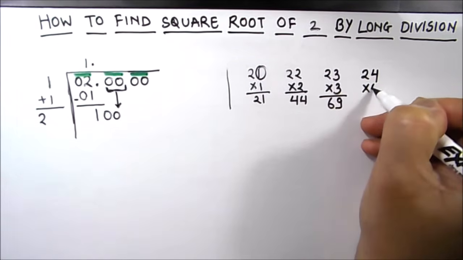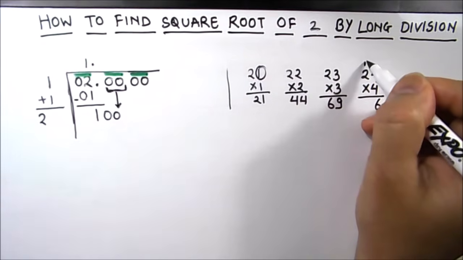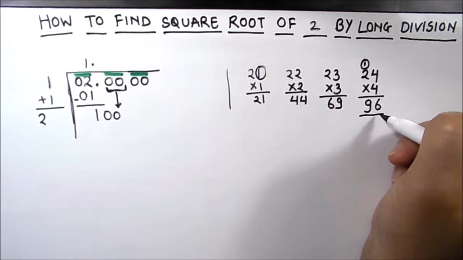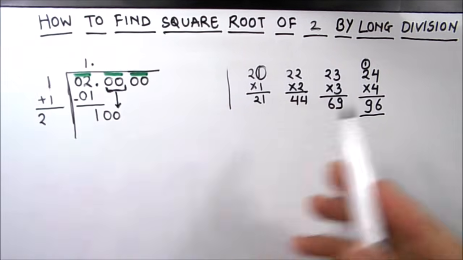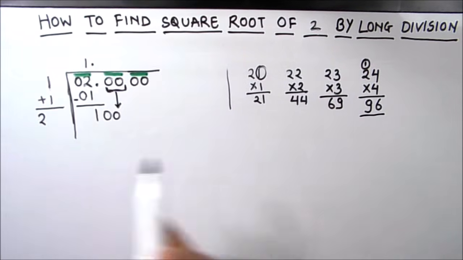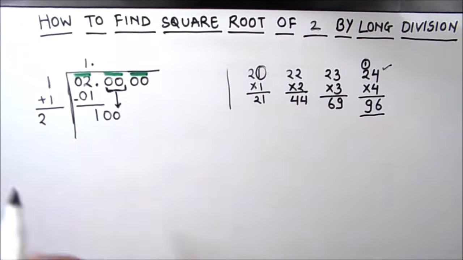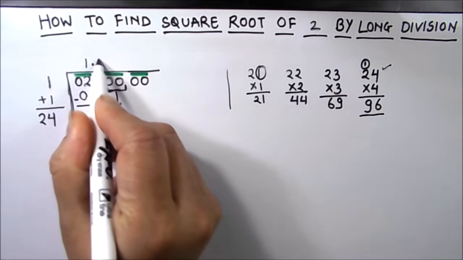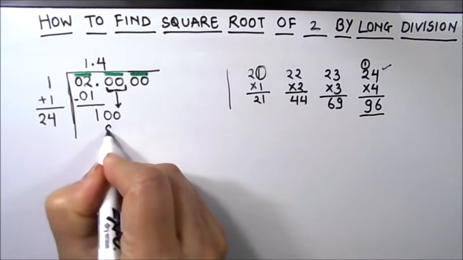So 24 times 4 is 16, and 1 will be carried over. 4 times 2 is 8, plus 1 is 9. This comes out to be 96, which is just less than 100. And if we take 5, we are going to get a value more than 100. So the digit will be 4. We are going to annex 4 here, and the quotient will also be 4, because 24 times 4 is 96.